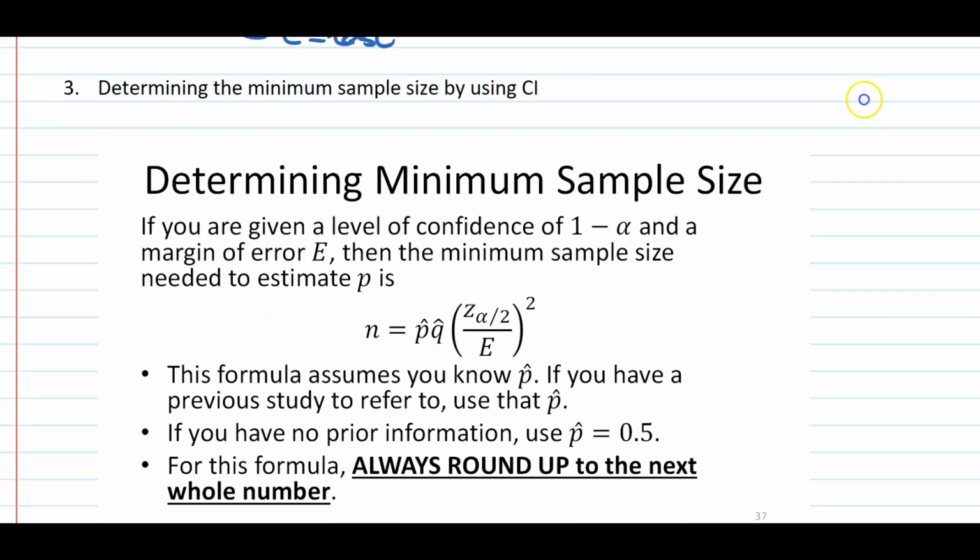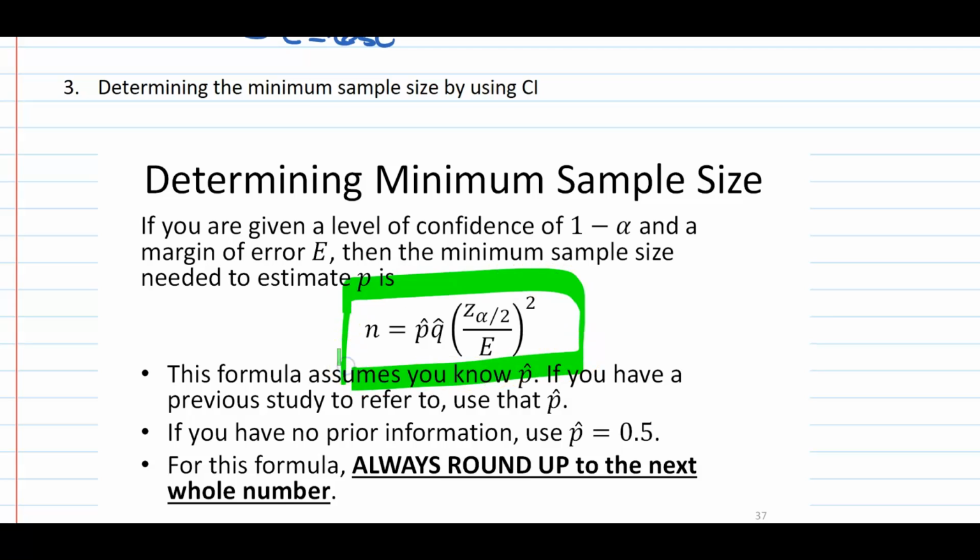The other point: how do we determine the minimum sample size by using the confidence interval? Well, this is the formula. I believe it should be in your note sheets in Unit 3. The other important thing is that you need to round it up. Let's say you apply the given values and the end result is 98.1, but your answer should be 99.